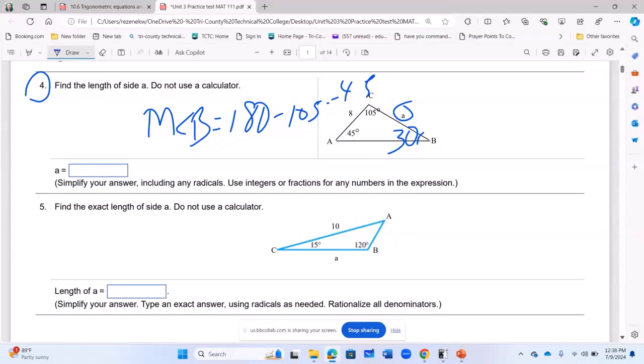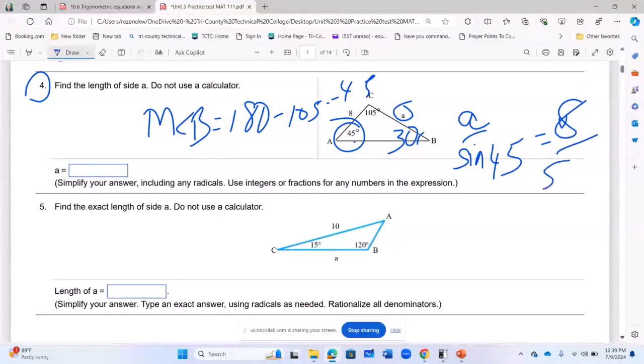So I can say a over sine A, because 45 degrees is a special angle. Remember, the question says do not use a calculator. So that's why I'm using sine A. Okay, a over sine A is equal to b over sine B. So I have 8 over sine 30. So a, opposite to angle A, over sine A is equal to b over sine B. That's what I'm using, and then I solve for a.